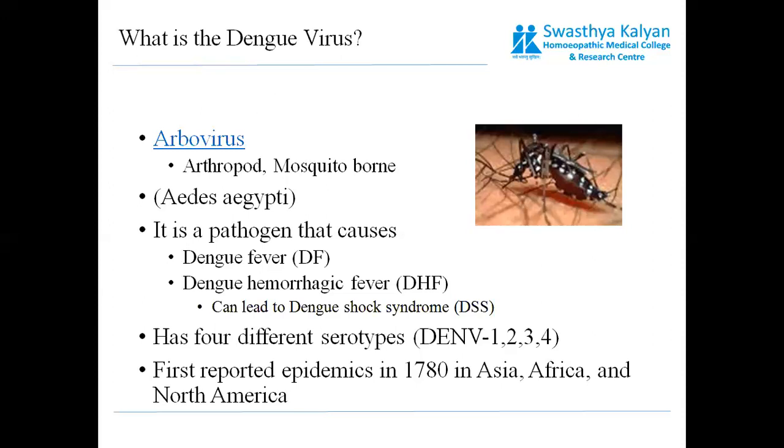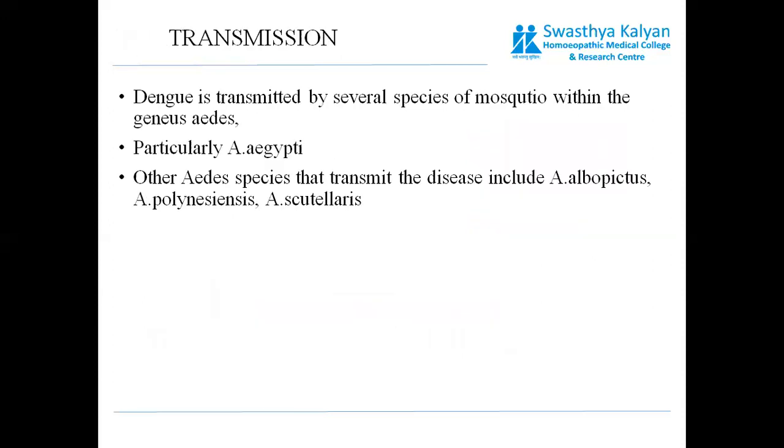So, like the malaria parasite Plasmodium, this is also spread by a mosquito. The bite of the mosquito carries this virus. Now, about its transmission, as I said, it is carried by a mosquito known as Aedes aegypti.